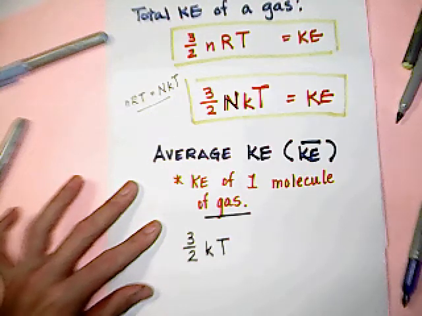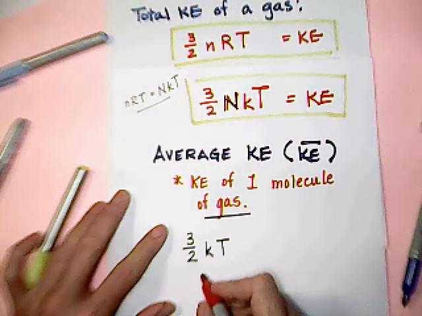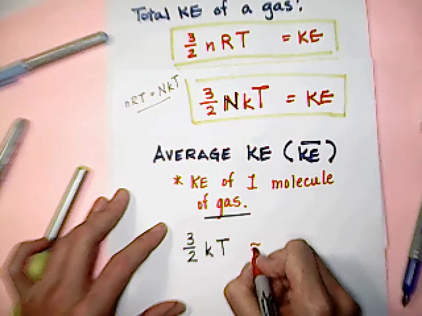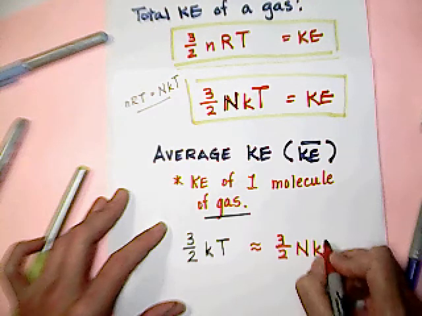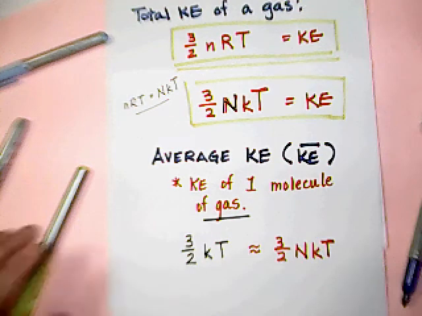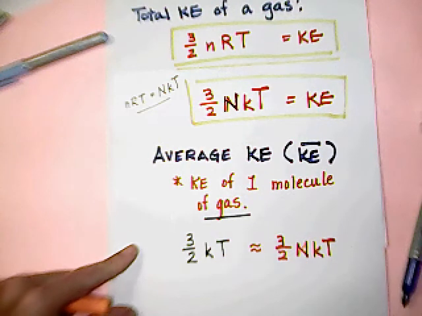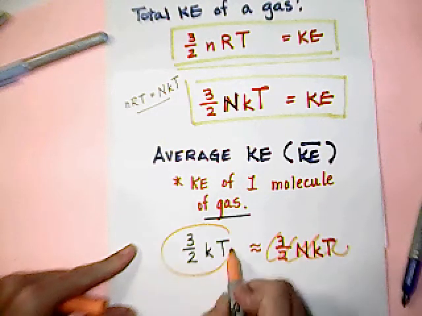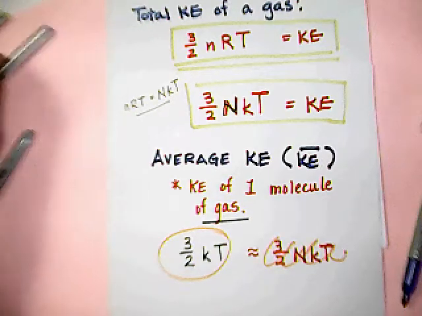You can imagine, sure, N is still in there. All right, so you could say, yeah, it really is equivalent to 3/2 NkT, but this is under the assumption N is now 1. You can eliminate it from there and just think of it as 3/2 kT. That's a very convenient way of expressing the kinetic energy of a gas.